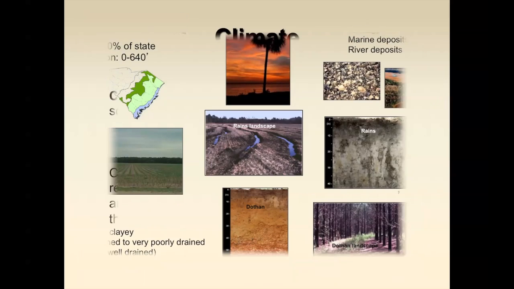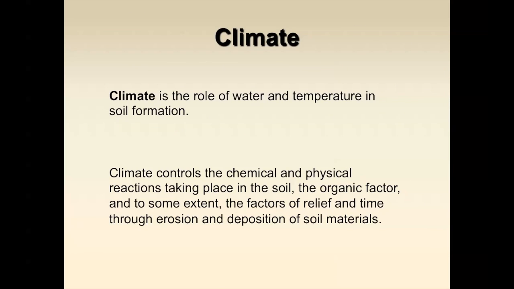Let's go on to climate now. And climate really, we're looking at the role of water and temperature in soil formation. Clearly, if you had very, very cold temperatures, for instance in the North Pole or in the Arctic region where you have a lot of snow, a lot of permafrost, not much is going to go on in terms of organic growth.